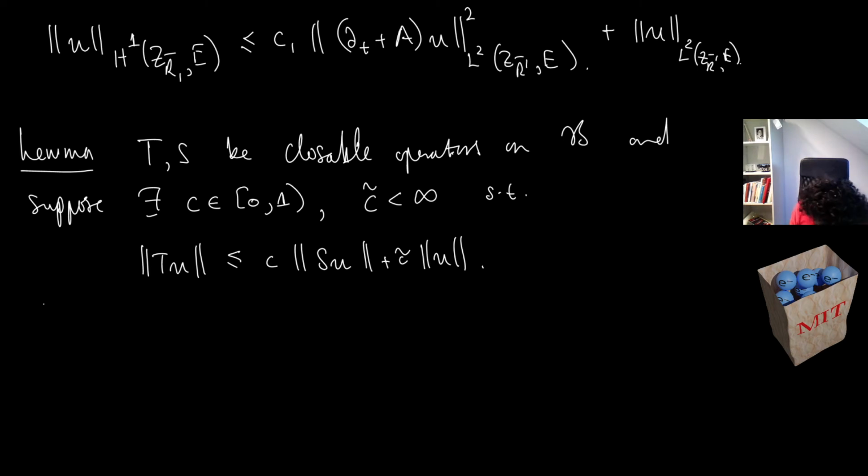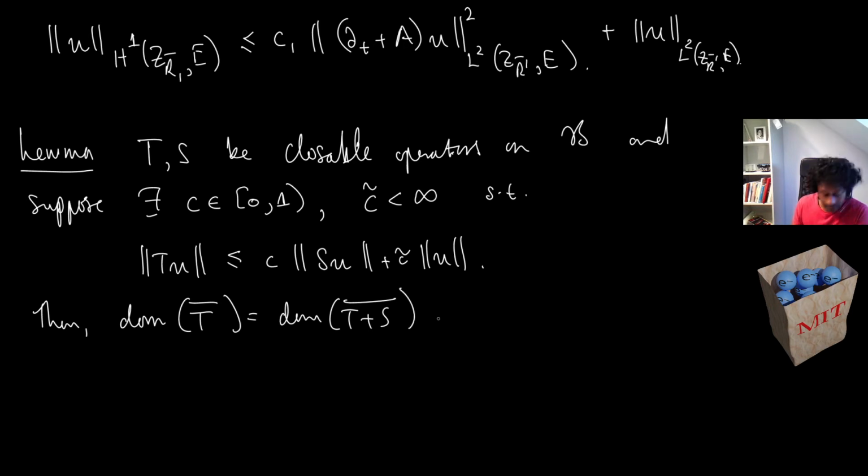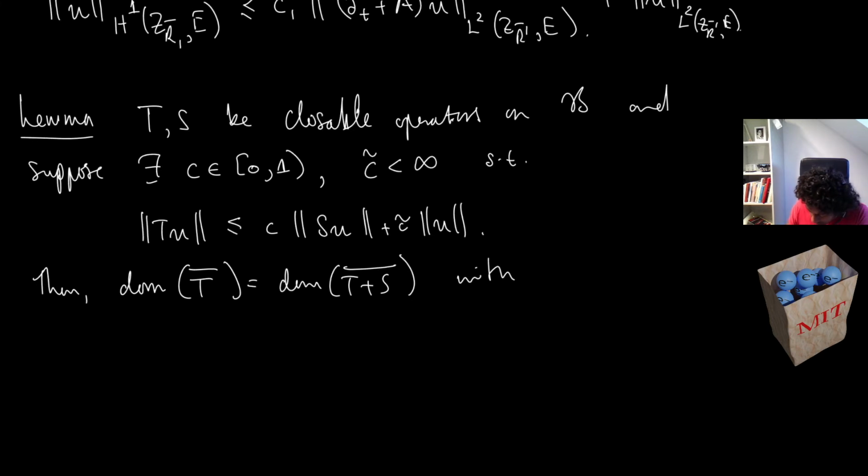Then the claim is that the domain of the closure of T is equal to the domain of the closure of T plus S as operators, and with the norm equivalence, u in the T norm is comparable to u in the T plus S graph norm.